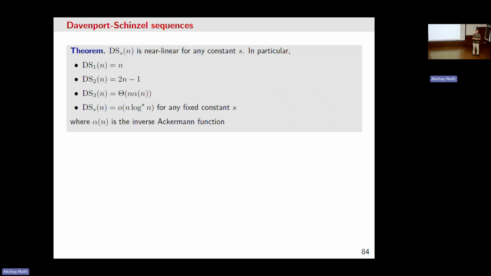So the important thing is that it's almost linear, and these Davenport-Schinzel sequences, or these bounds, show up in a number of geometric structures as the complexity of the structure you can analyze using these sequences, and then hopefully show that the geometric structure only has near linear complexity. So we'll do some examples of this.